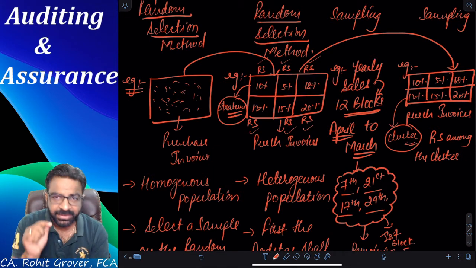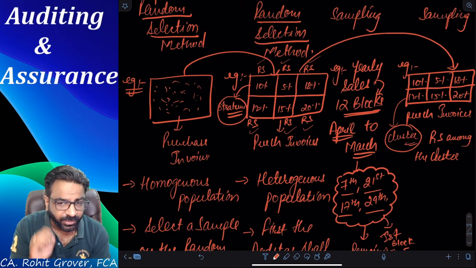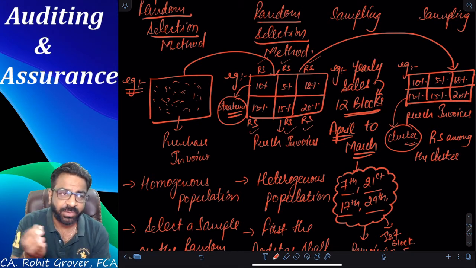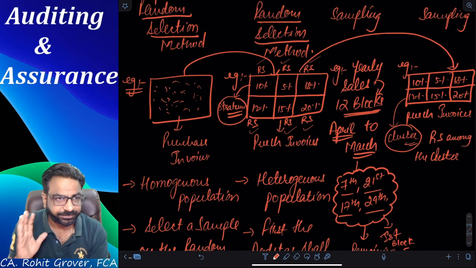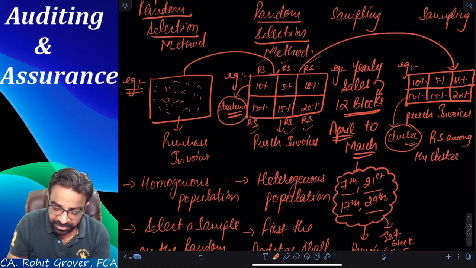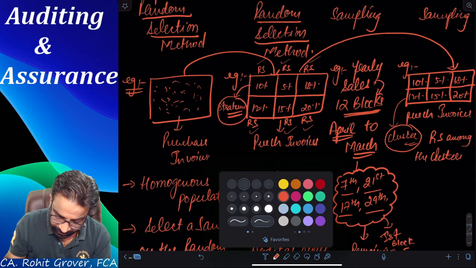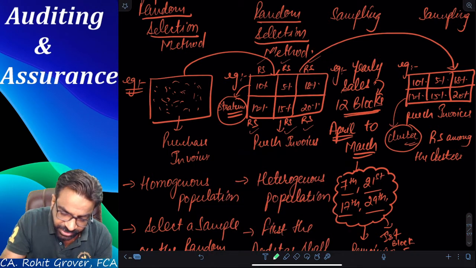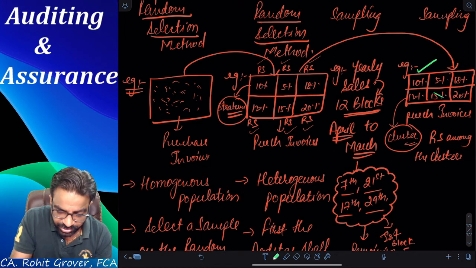Again, repeating. In the stratified random selection method, you were doing the random selection from each and every stratum. But here, I'm doing the random selection among the clusters. It means, let me use another color, I may choose this, I may not choose that.